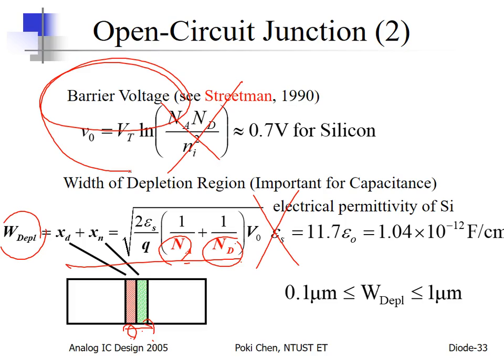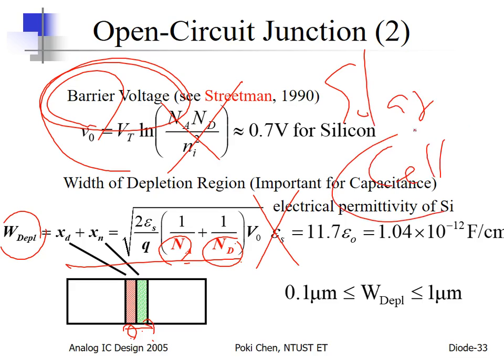But sometimes we don't need such current conduction. For example, a solar cell. For a solar cell, you need to expose the semiconductor to the light.